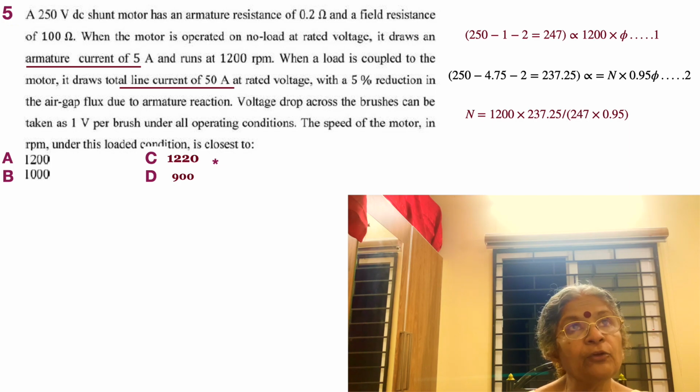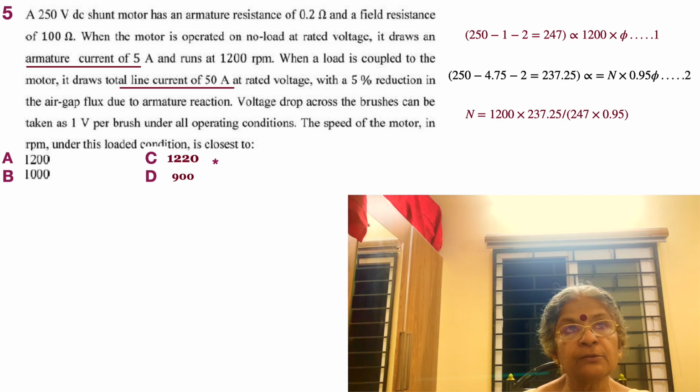We have 250, the original voltage, minus the voltage across the armature resistance, minus 2 for the 2 brushes at 1 volt per brush, so we have 247 volts. This is proportional to 1200 into 5, so flux we simply call 5 now.